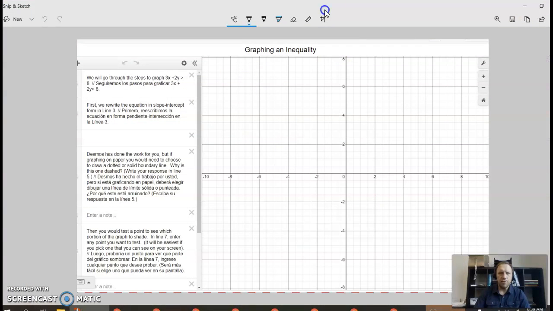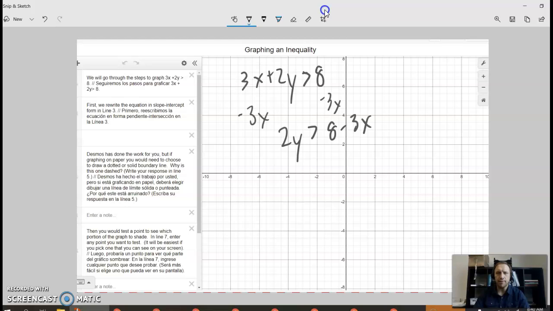And what we need to do is we need to take 3x plus 2y is greater than negative 8 and rewrite it into y. So I'm going to subtract 3x from both sides. And I get 2y is greater than negative 8 minus 3x. So then 2y, I'm going to divide everything by 2.